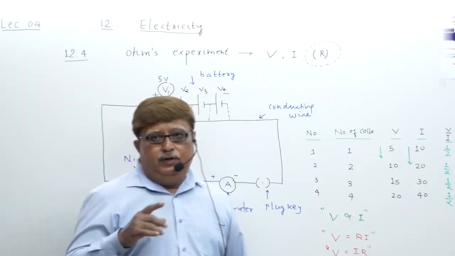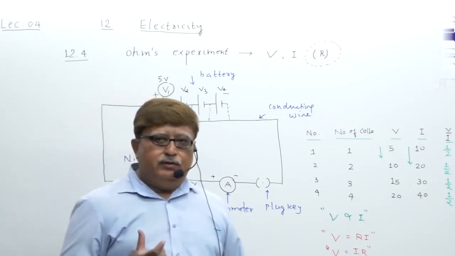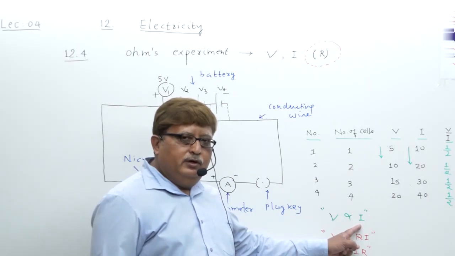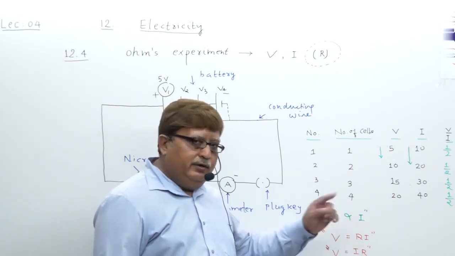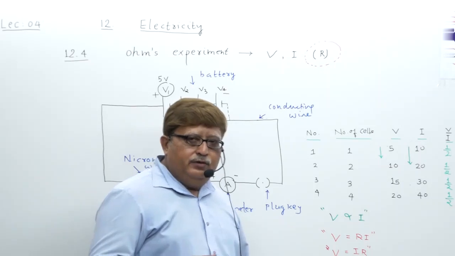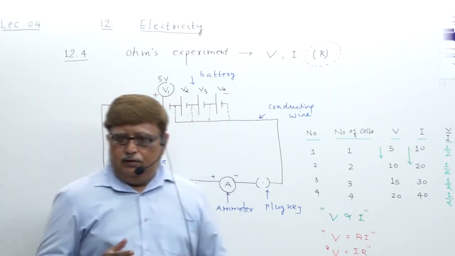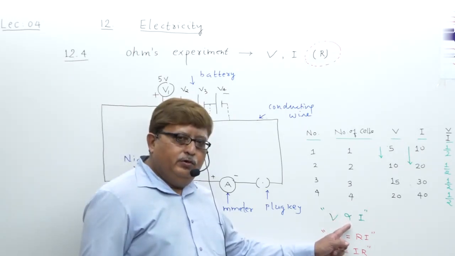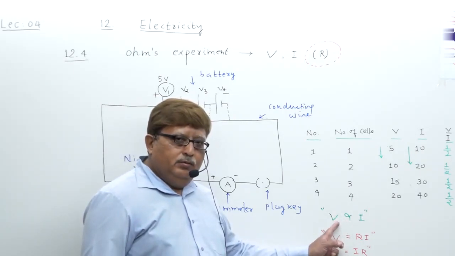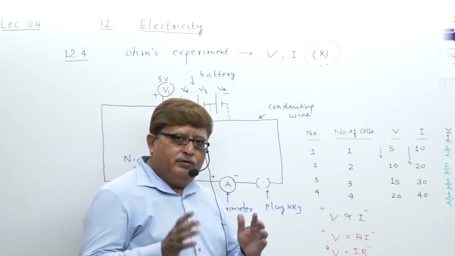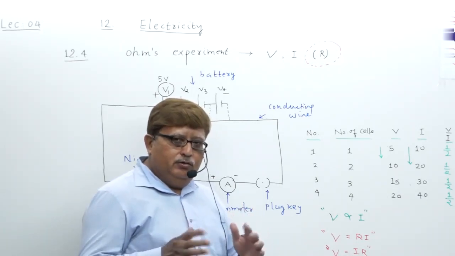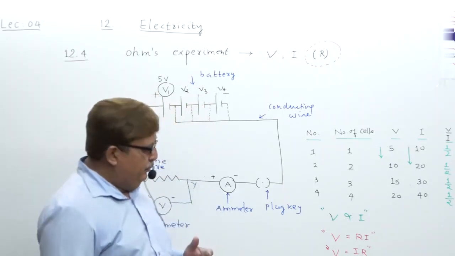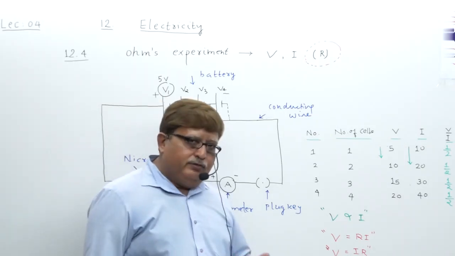I varies to V. How can you speak it? Amount of current, that means electric current, passing through the conductor is directly proportional to the potential difference across two ends of the conductor. Understand? This way you can answer it.